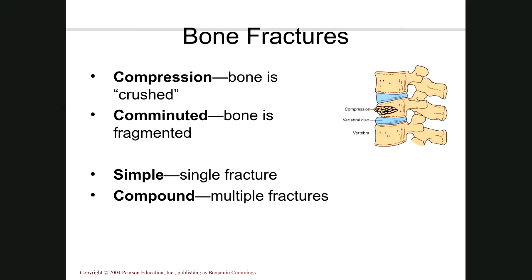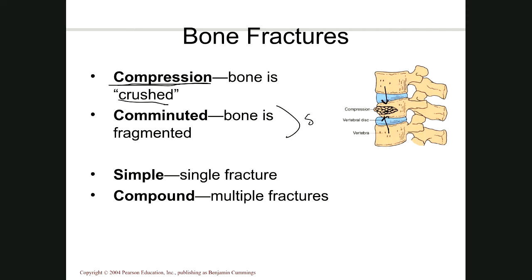You can also have fractures that describe what the bone looks like when it's done. So one way to describe it is it's called a compression fracture. In other words, it's squished. The bone is crushed. Another way to describe it is if the bone shatters.